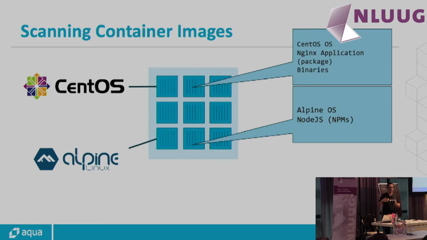When talking about vulnerabilities for images, you need to check whether the operating system that you are using is vulnerable or not, whether there are known vulnerabilities for the operating system. It's also important to check whether there are vulnerabilities in the applications running on that operating system, in the packages like Node.js, so like NPMs, JavaScript libraries, things like that, and in binaries.